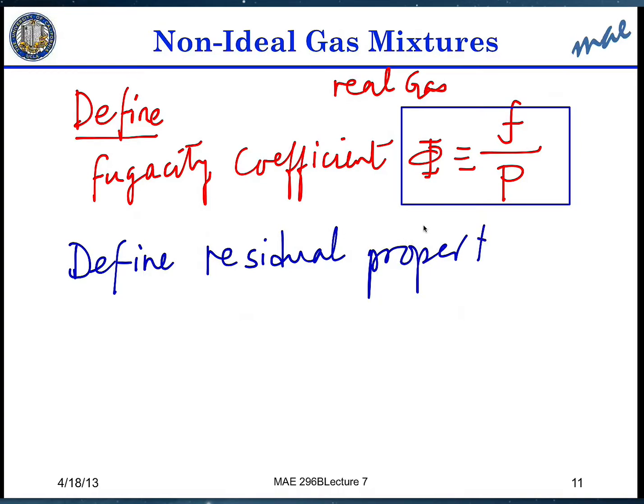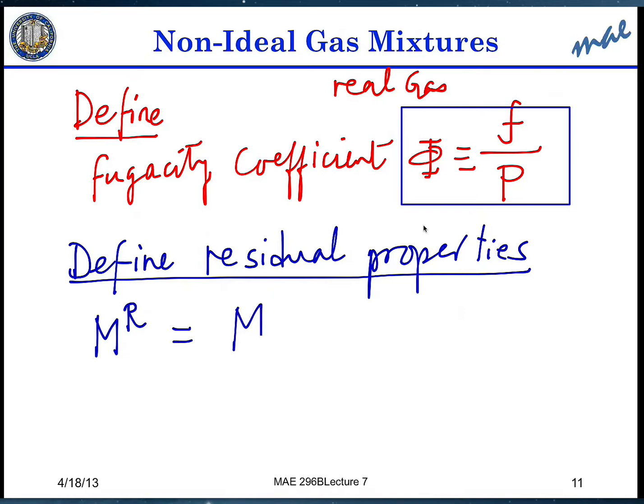And the residual properties are those that are some deltas from the ideal case. So M residual is defined as M for a real system minus M for an ideal gas. M could be an entropy, an enthalpy, a free energy, etc.